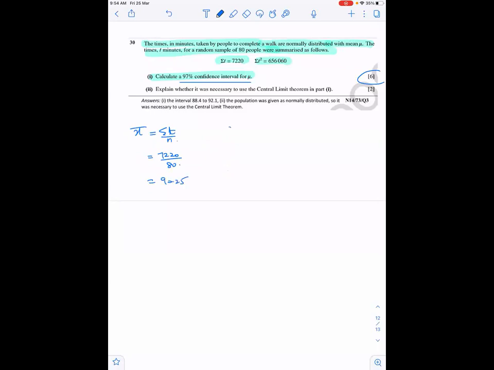The unbiased sample variance would be 80 upon 79, times summation t square upon n minus the mean of t the whole square. t square is 656,060, divided by 80, minus the mean 90.25 squared.